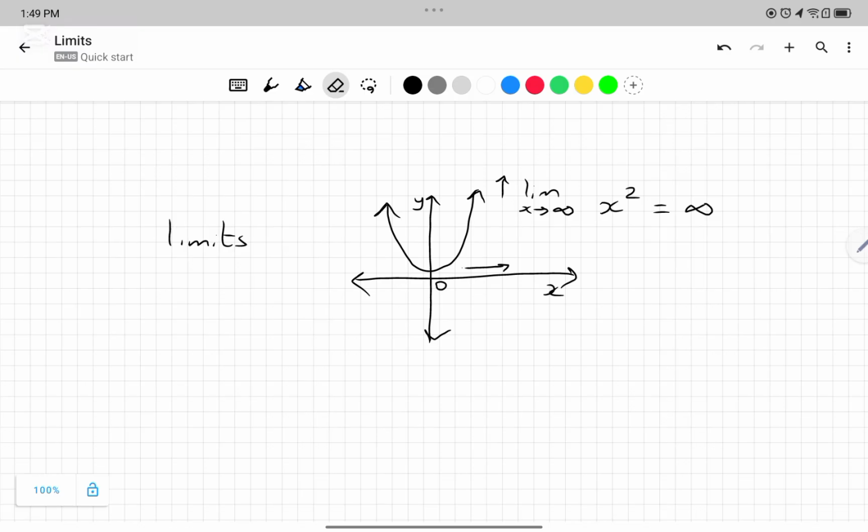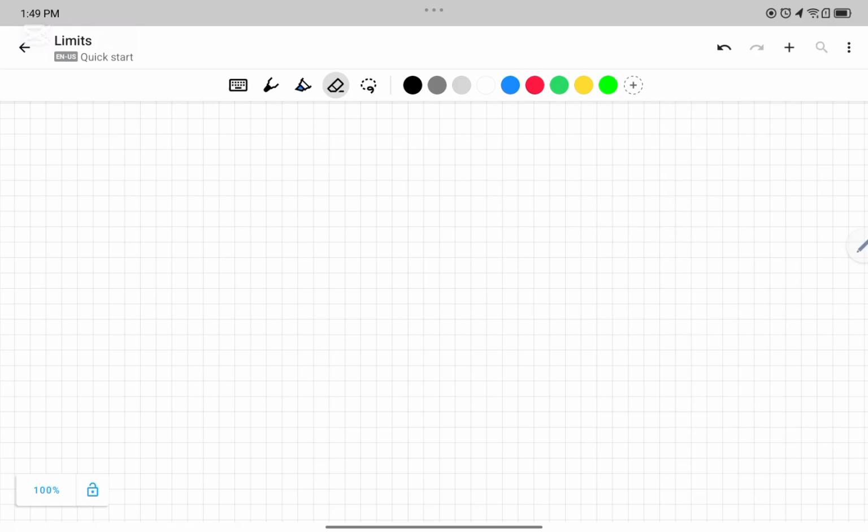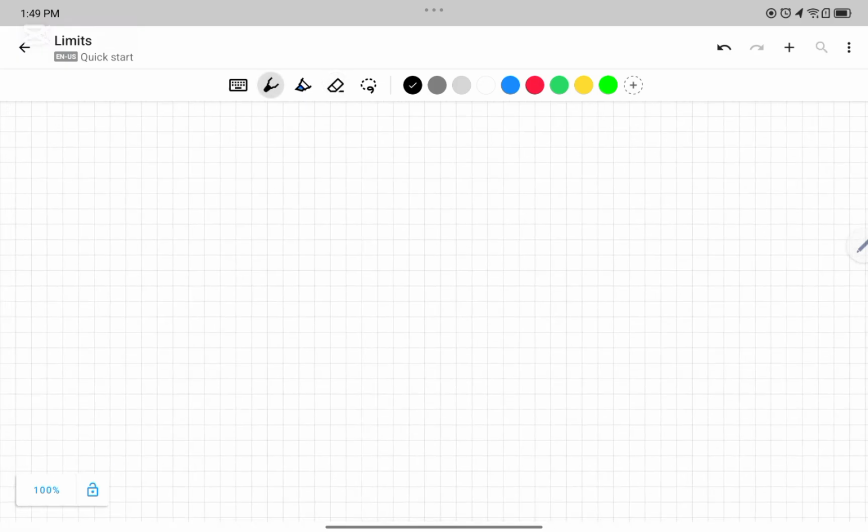Limits only exist if the limit as x approaches, let's say, that particular value, I'm going to say a, from the left of f of x is equal to the limit as x approaches a from the right of f of x.